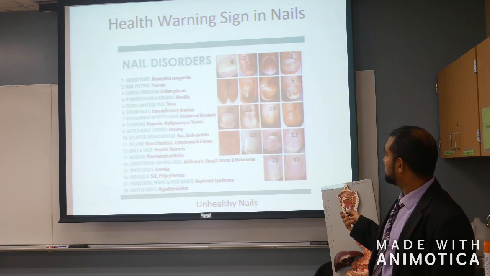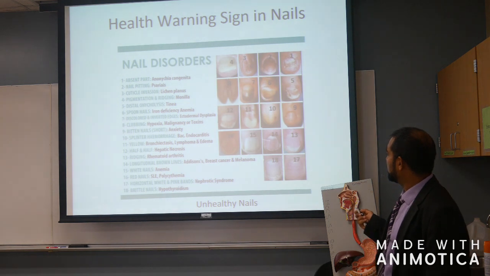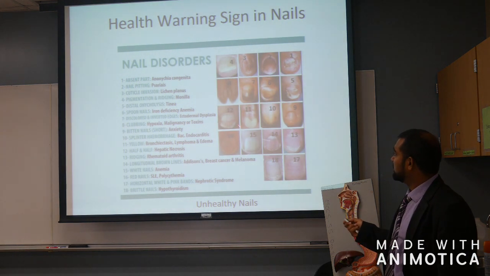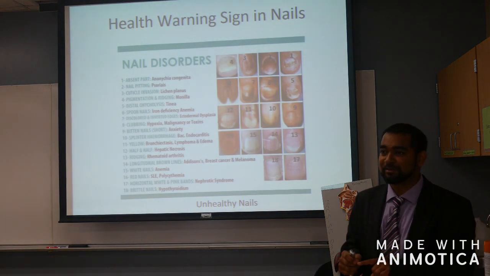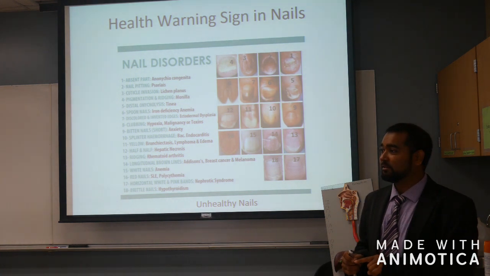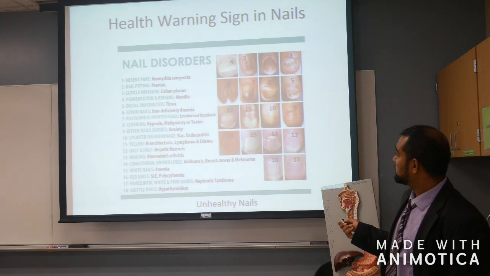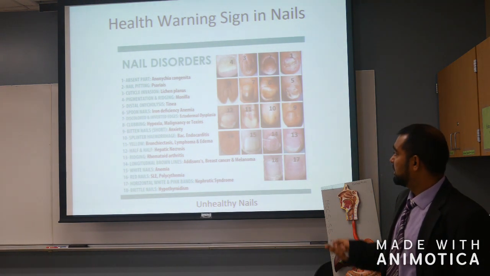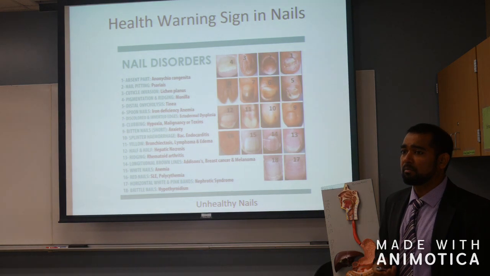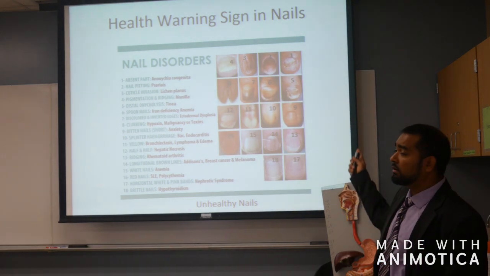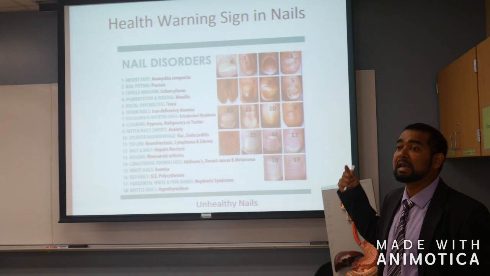Sometimes they are shortened, and some lunula become like 80%, which looks so weird. Everything has some symptom. If the lunula is going too high, you see number 12, that is called hepatic necrosis. So there's some kind of problem going on. This is not 100% sure, this is like a guess.